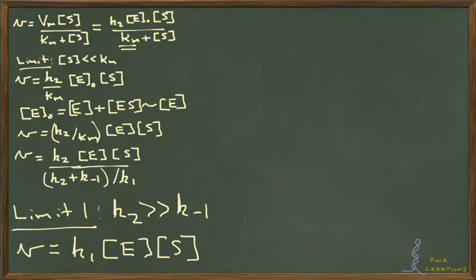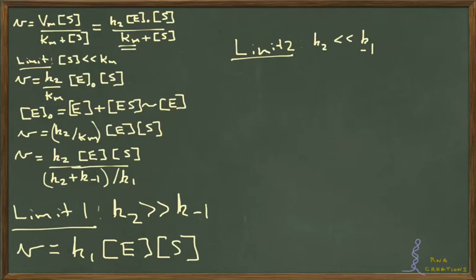And then limit 2 will be the other way around. k2 will be small in comparison to k minus 1.